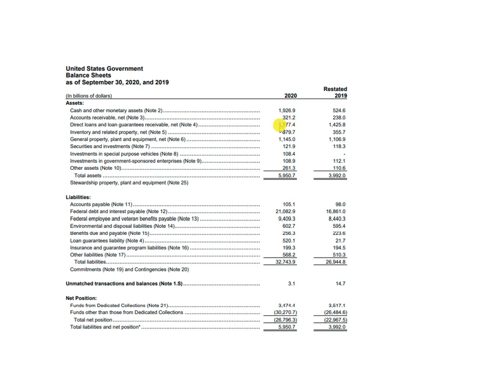Followed by direct loans and loan guarantee receivables, and the property, plant, and equipment assets. Remember, the stewardship land and heritage assets are not included in this report. Remember that's almost 28% of all the U.S. land. Okay, the monetary value would be enormous.